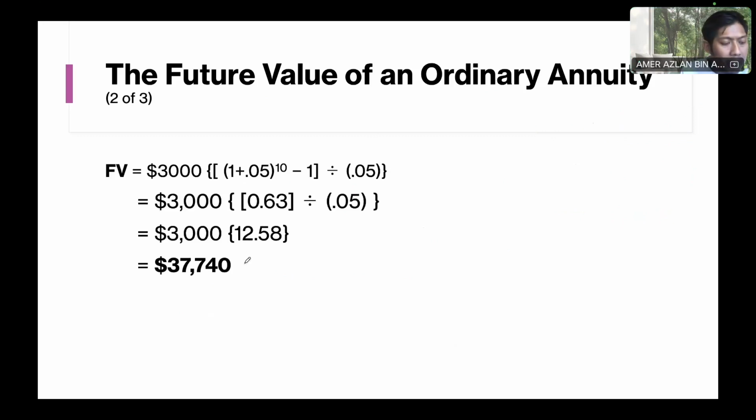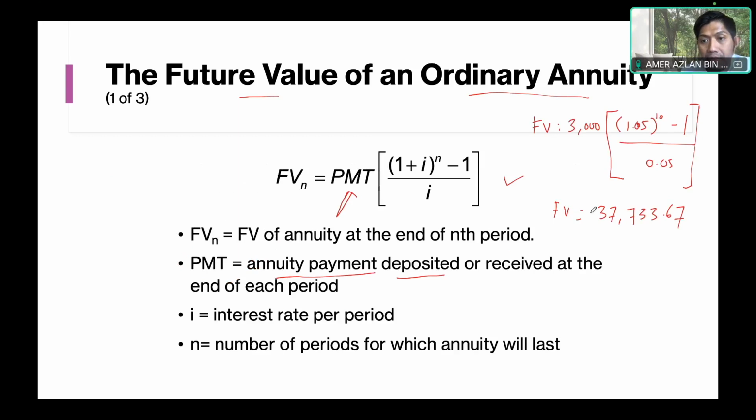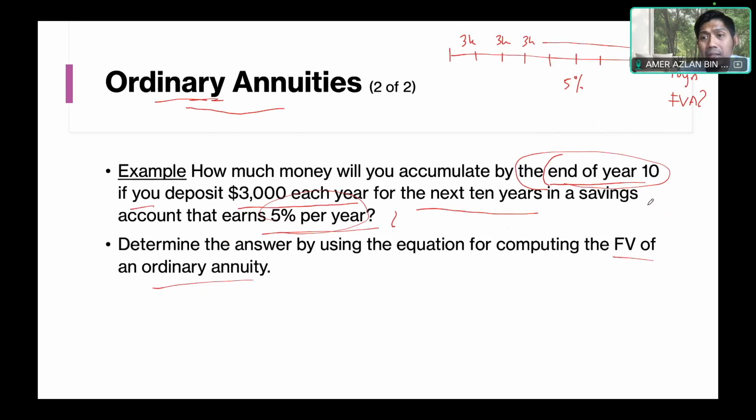Okay, 37,740. The same, just a difference in decimal places there, but it should be okay. 37,740 or 37,733.67.